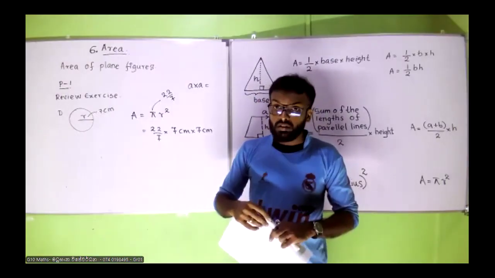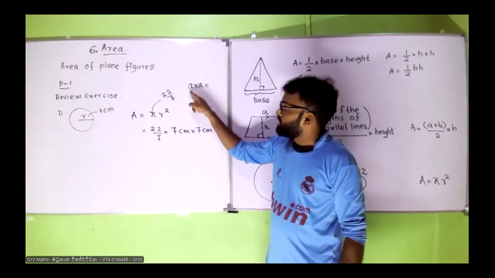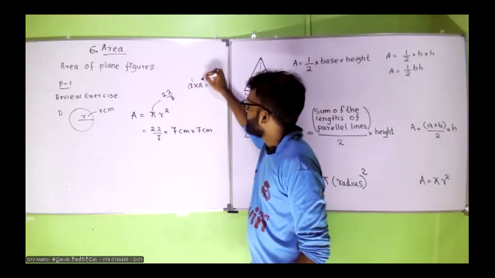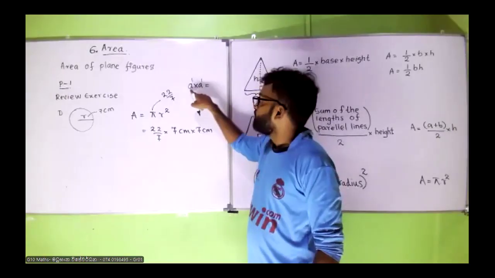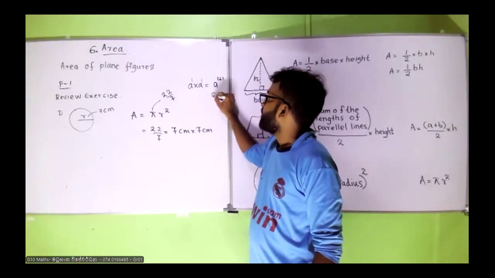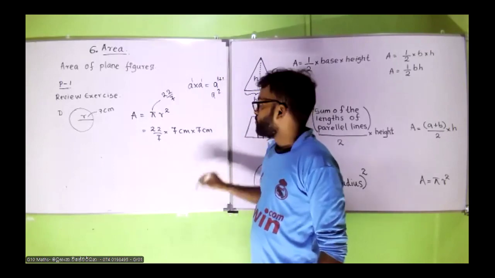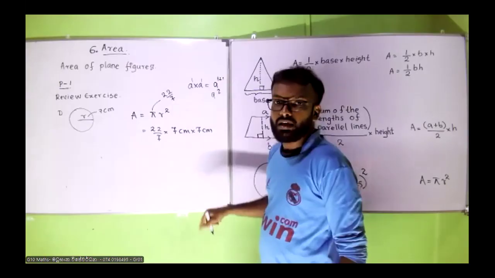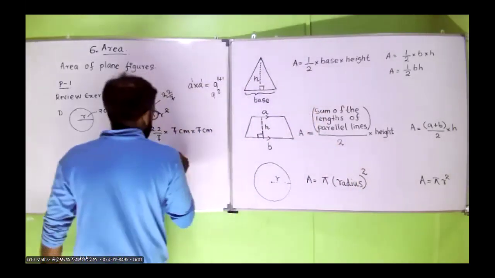Same bases, so you have to add the powers. Index can be added because same bases. 1 plus 1, a to the power 2. Centimeter, centimeter, it is like a to the power 2, centimeter to the power 2.